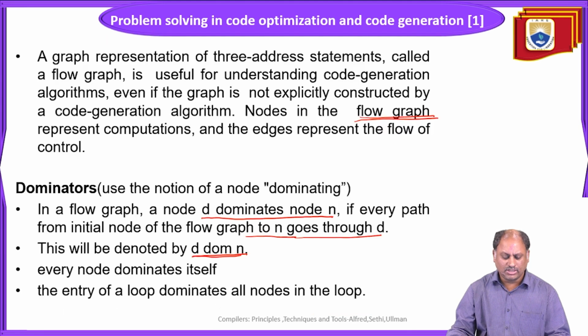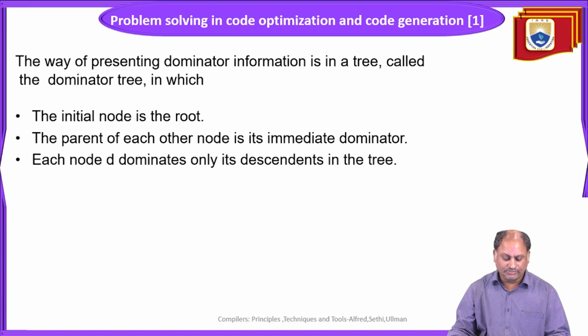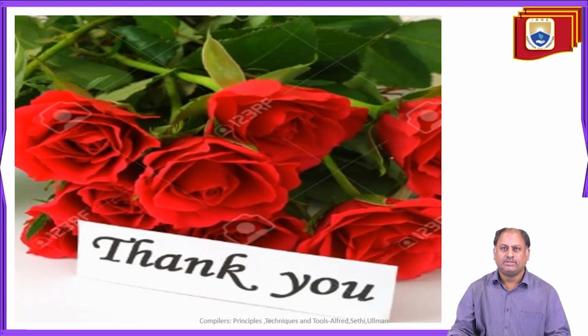A flow graph contains a collection of nodes and edges; the nodes represent several computations, that is expressions, and the edges represent the flow of control. The first node is usually called the initial node, the parent of each other node is its immediate dominator, and each node dominates only its descendants in the tree.